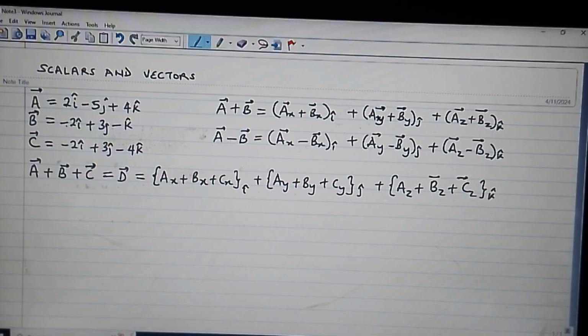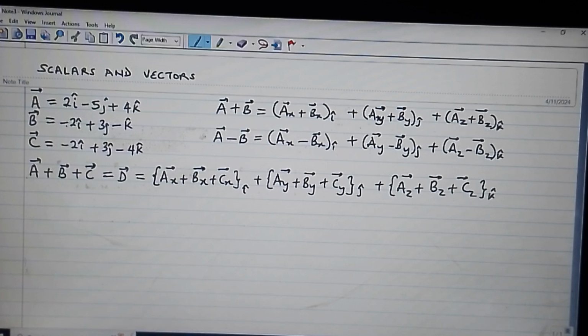These are all vectors. What you have inside the bracket will give you the size. And of course, the i here signifies that it is in the X direction. So that unit vector signifies direction.